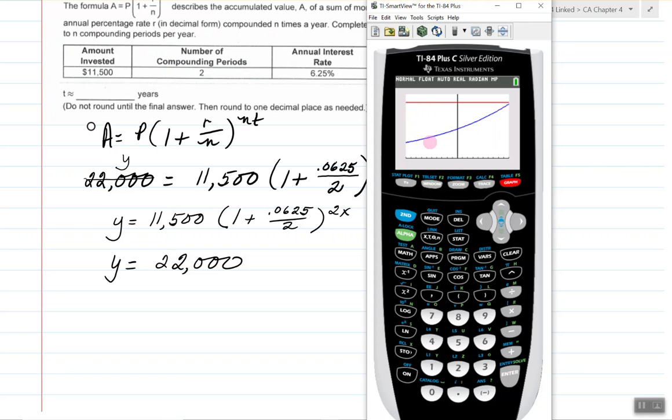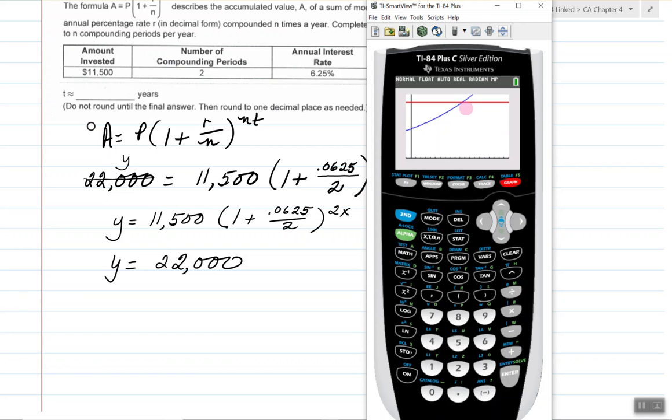All right, not a very good window. Almost. Over here, I don't need -10. I'm just going to do -1. But I need to go further out. I'll go to 20. Get a slightly different view. There it is.